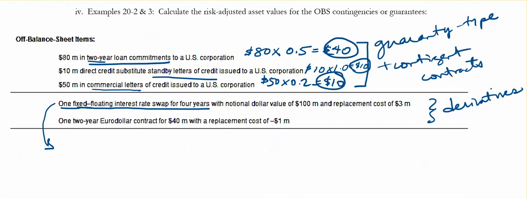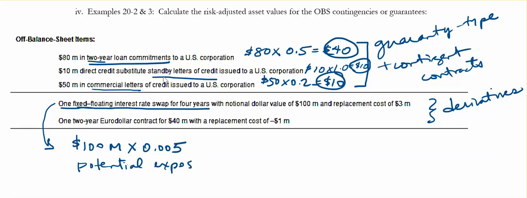So let's just do this down here. We have the notional value of 100 million times 0.005, right? So this is the potential exposure. And then we have a replacement cost of $3 million, right?